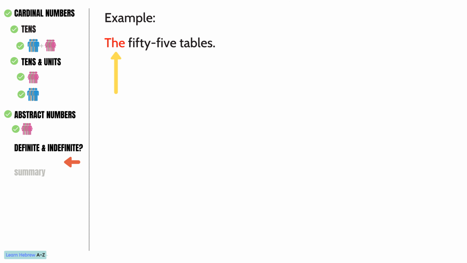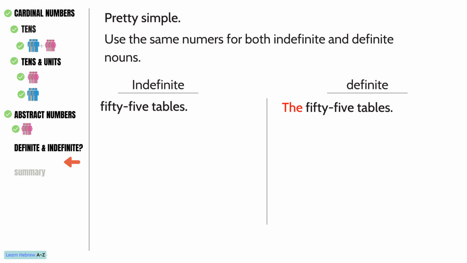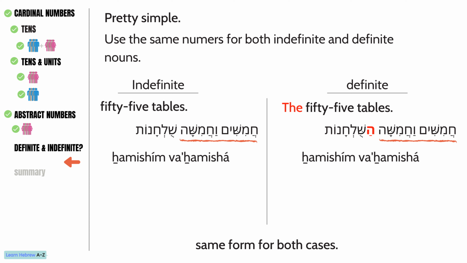In Hebrew numbers 1 to 10, for example, the definite noun changes the number name, so there is another form for us to learn, which is the construct form. Luckily for us, when it comes to numbers greater than 20, we always use the separate form that we have just learned. So, no need to remember another special form for the definite article. Just use the numbers above according to the gender.